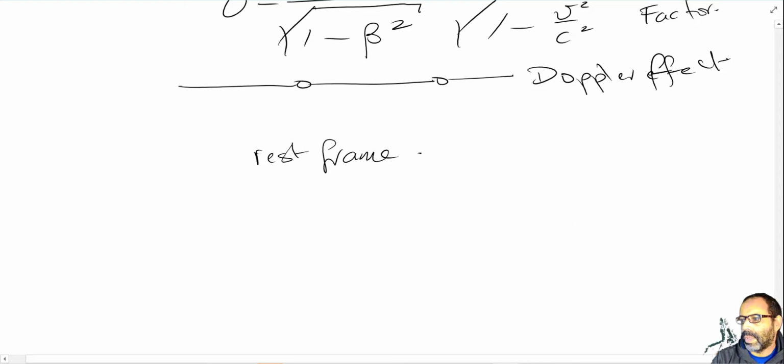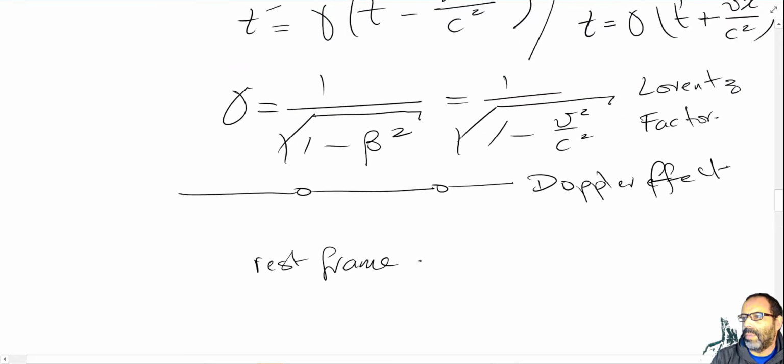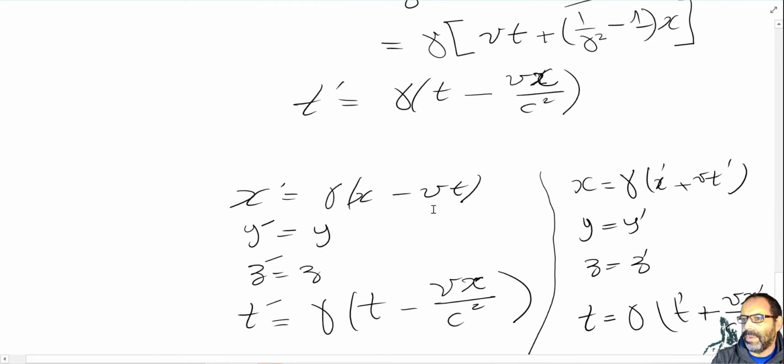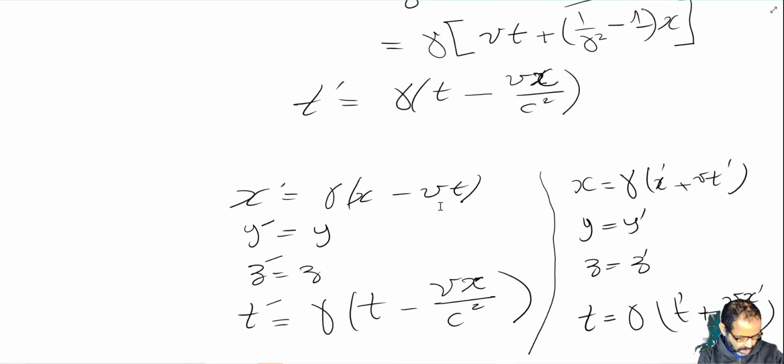But before I do that, let me talk about a couple of things. We can go back into these expressions and take two specific phenomena. One of them is a phenomenon at the same location.